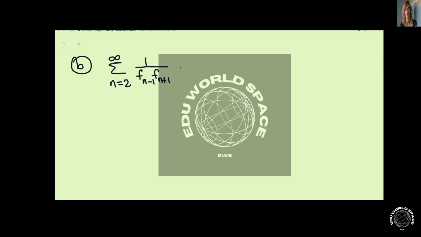Let's just use part A right now. So this is using part A right here. I'll go ahead and replace the fraction with the decomposition. So we have 1 over f_{n-1} times f_{n-1} over f_n minus f_n over f_{n+1}. This is just from part A. We just showed this a few moments ago.